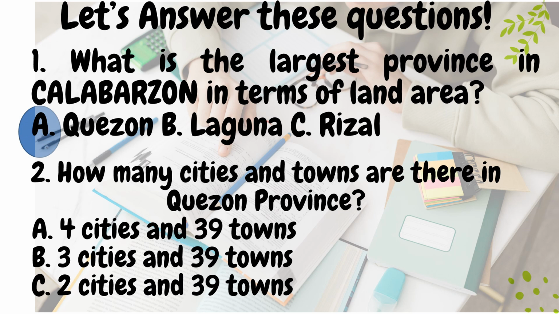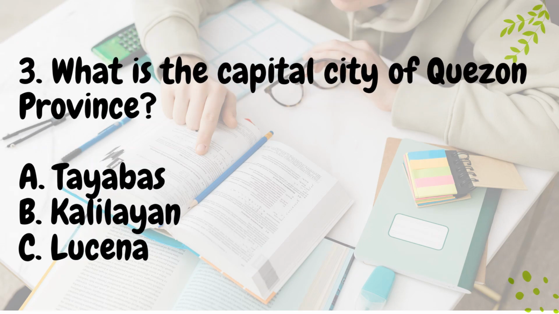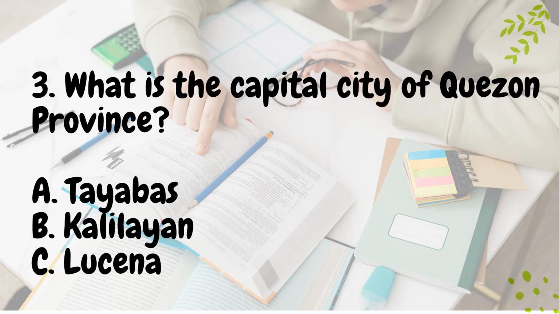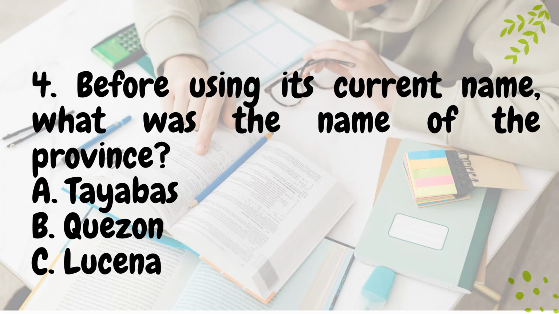Okay, it's letter A. Number 2, how many cities and towns are there in Quezon Province? Okay, it's letter C. What is the capital city of Quezon Province? Okay, it's letter C, Lucena. For number 4, what's your answer?